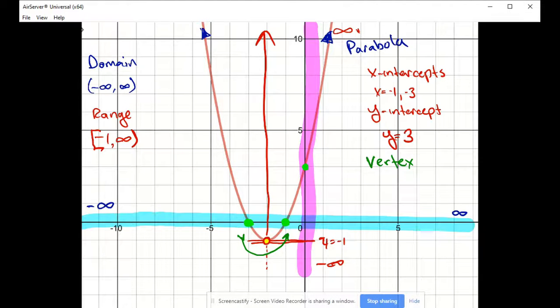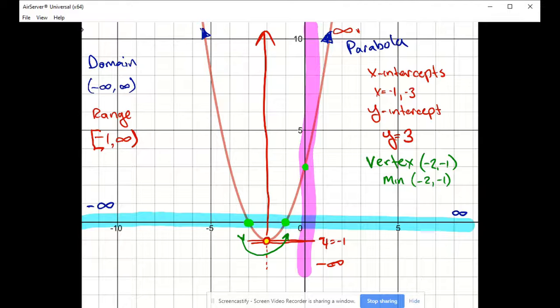And it's also the lowest point or the highest point. In this case, it's the lowest point. So our vertex is our coordinate pair, -2, -1. And that's also our minimum.